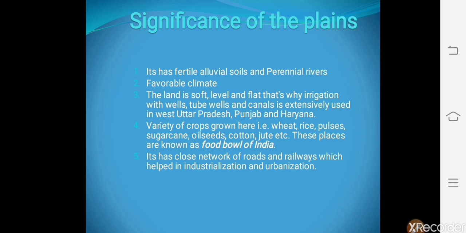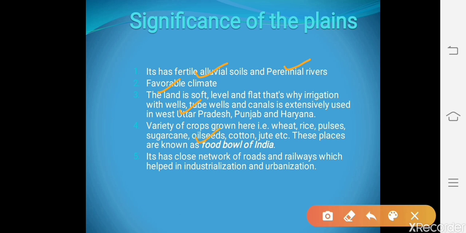The first importance is that it has alluvial soils, which are very important for the growth of crops. We have perennial rivers which flow throughout the year, a favorable climate for the people living there and for the crops we are growing, and soft land for the construction of canals, and we can easily dig tube wells also.